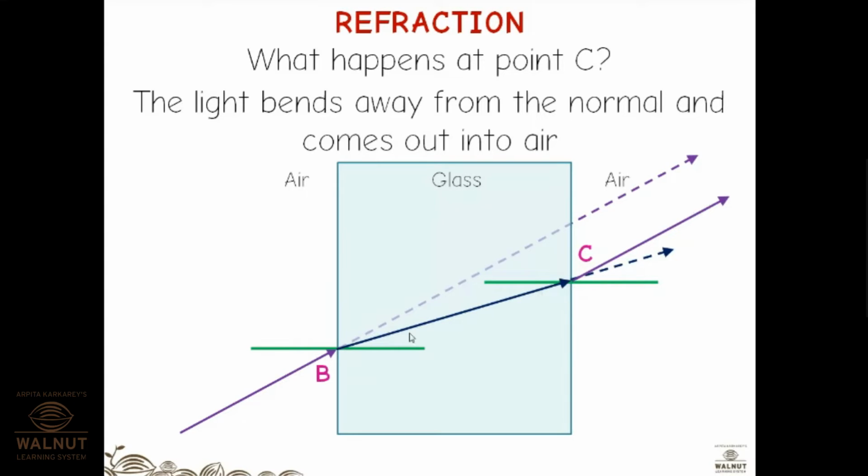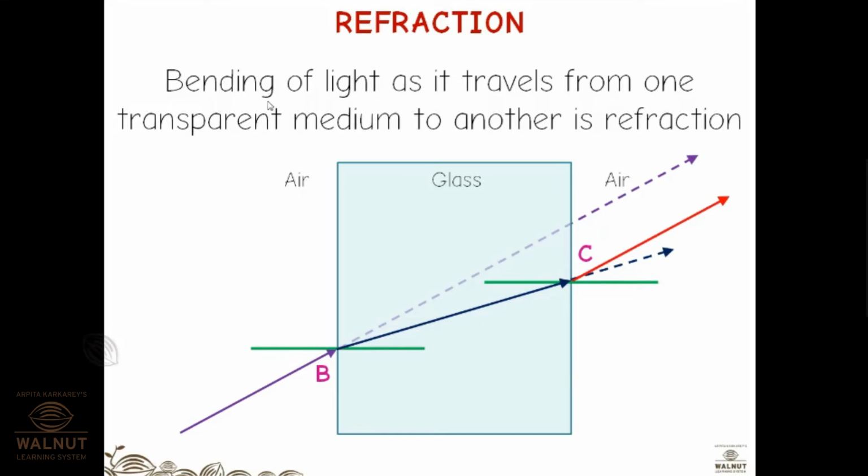When the light ray is traveling straight in a glass slab, it should have this direction. It should move in this direction. But then what is happening when the medium is getting changed? It is bending away from the normal. Correct? So the bending of light as it travels from one transparent medium to another is called refraction.